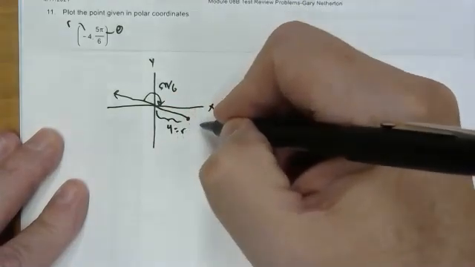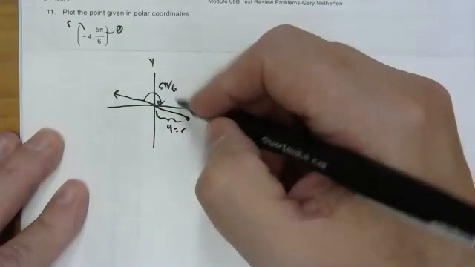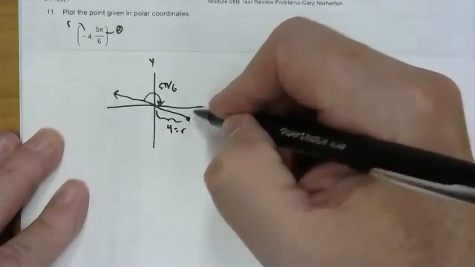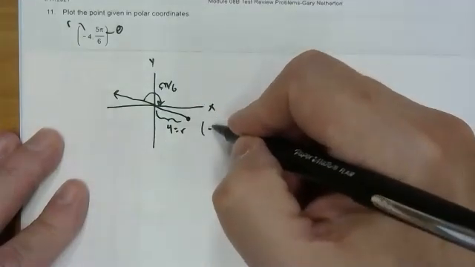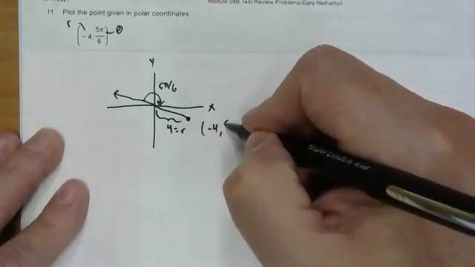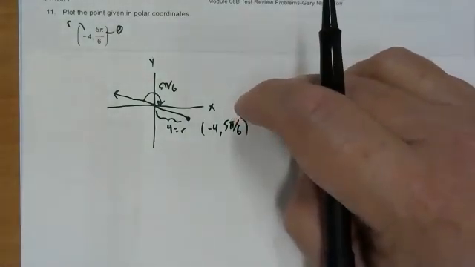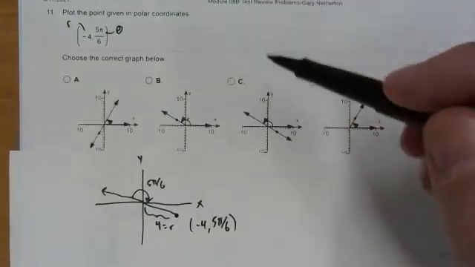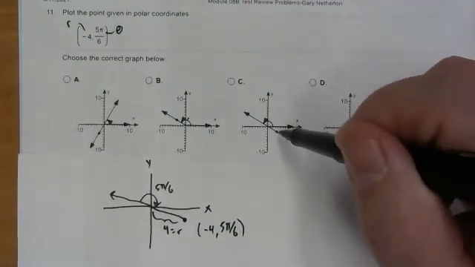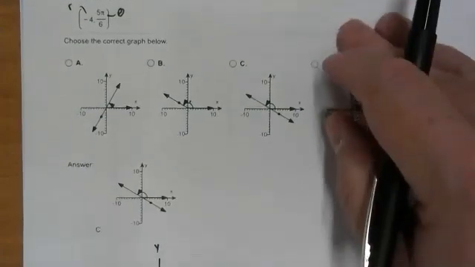That's the r, and then the 5 pi over 6. So this is our point right here. That point right there is -4, 5 pi over 6. And we can see what the answer is. It should look something like this right here. It should be C, which it is.